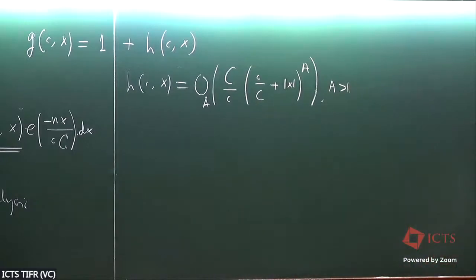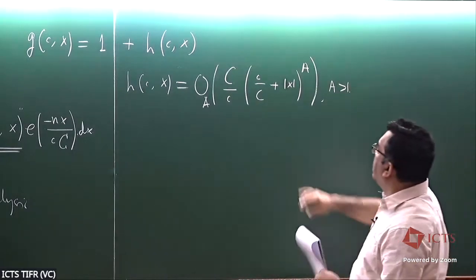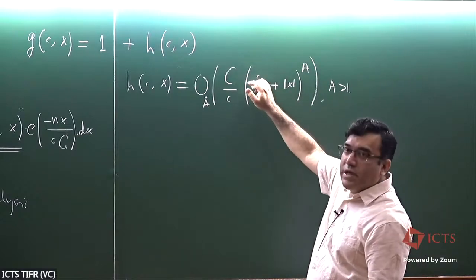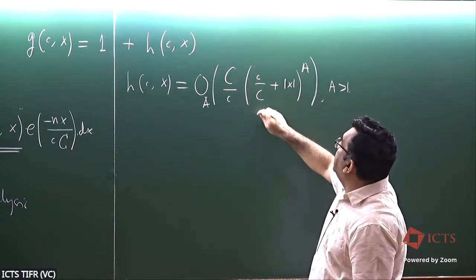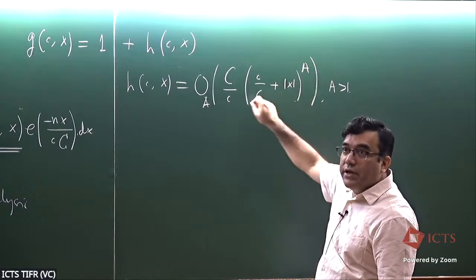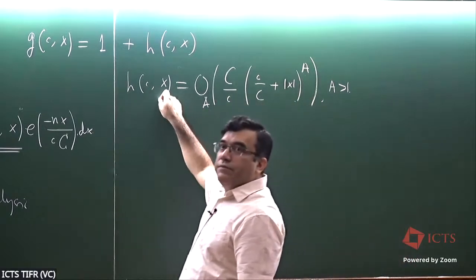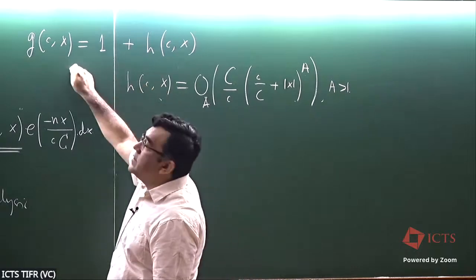So what it's saying is that if x happens to be a little smaller than 1, and small c is a little smaller than capital C, then by taking a very large, I can make it negligibly small, and then h is practically 0, and g is actually 1.